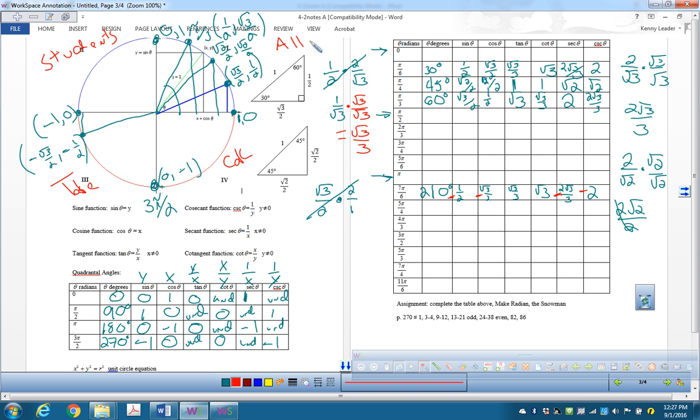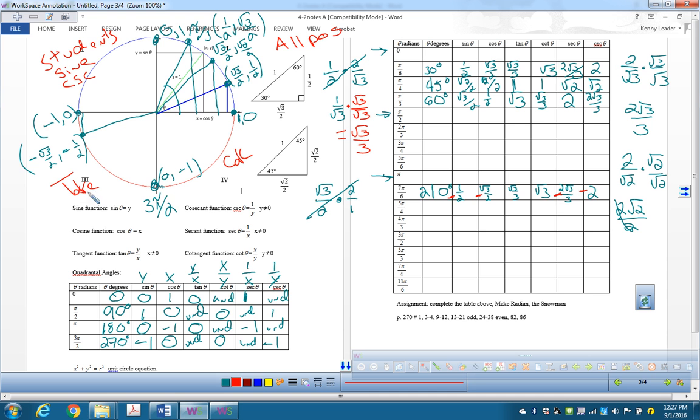All are positive. Students, S means that sine and its reciprocal are positive. So these are where things are positive. So only sine and its reciprocal, which is cosecant, are going to be positive in the second quadrant.